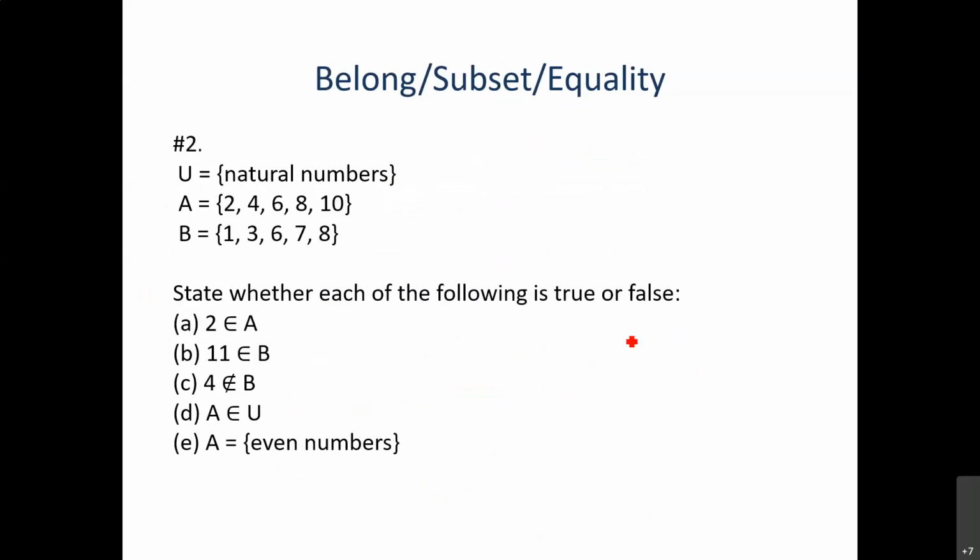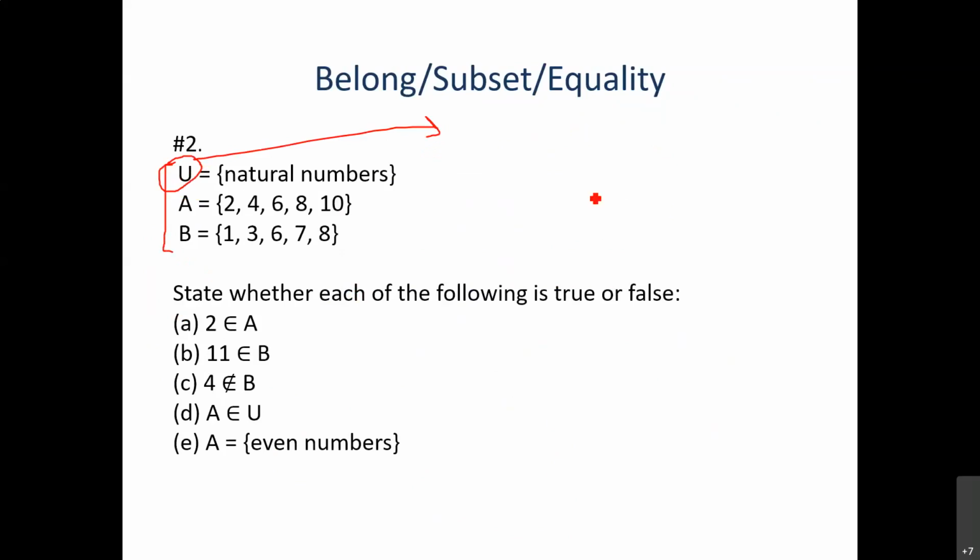So let's dive into some of the operators we have on sets. So belong, subset, and equality. We're given 3 sets. Usually, U stands for your universal set. So you've got to have the biggest set that you're going to be working on.